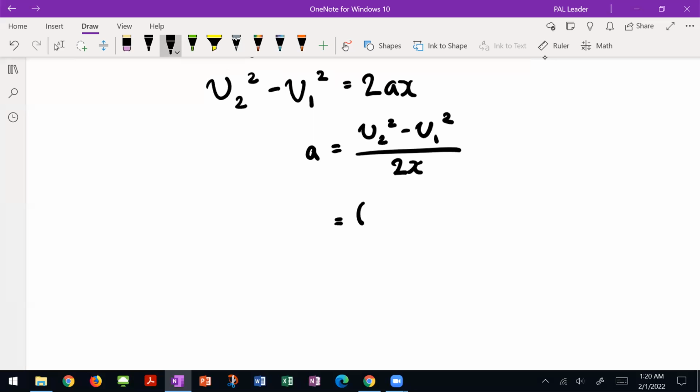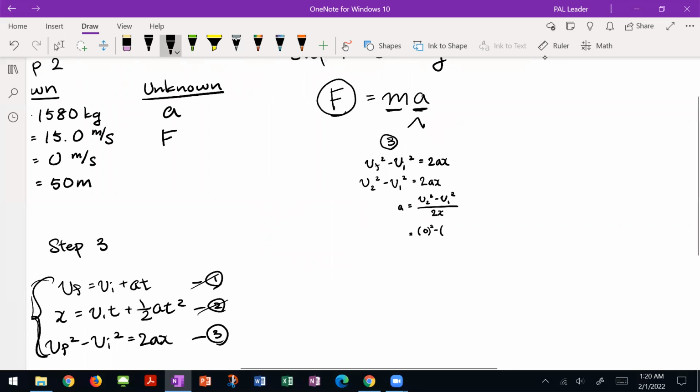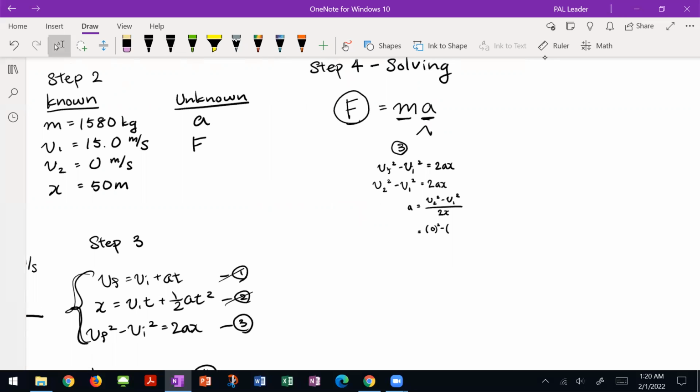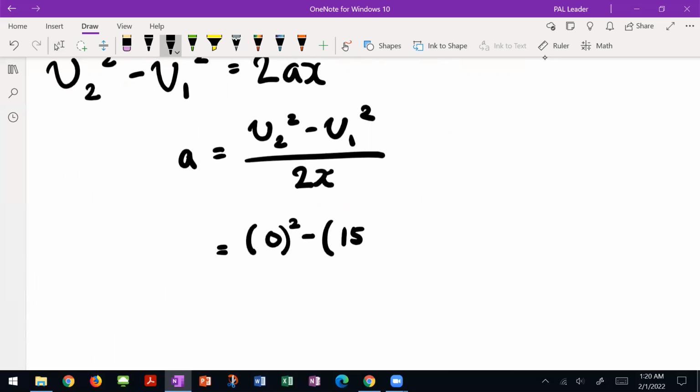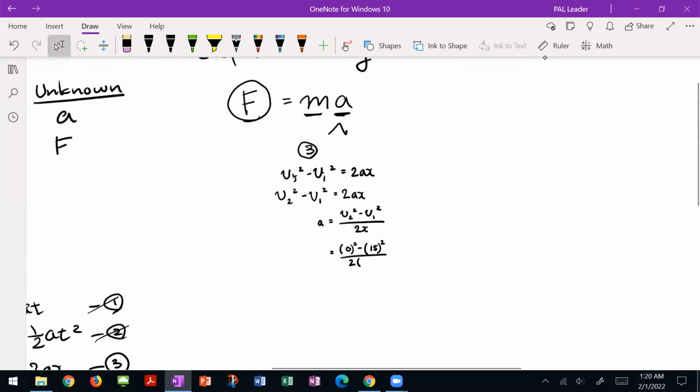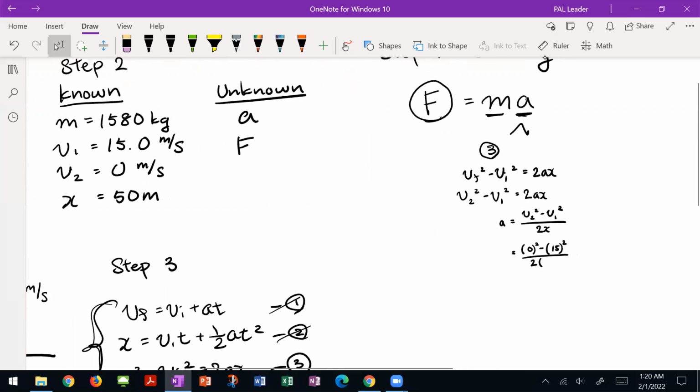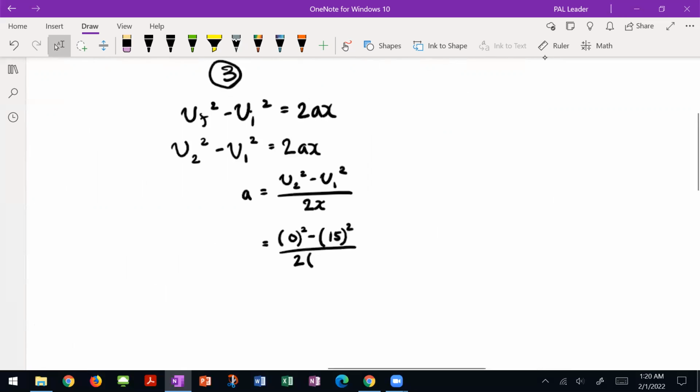So 0 squared minus V1, our initial velocity, was 15 meters per second squared. So 15 squared over 2x, the displacement, the distance we traveled, which was 50 meters.